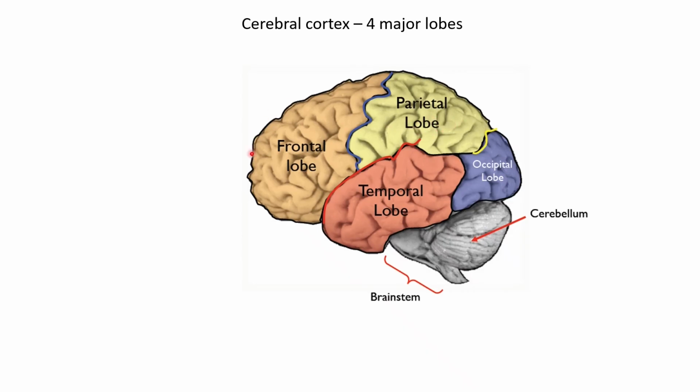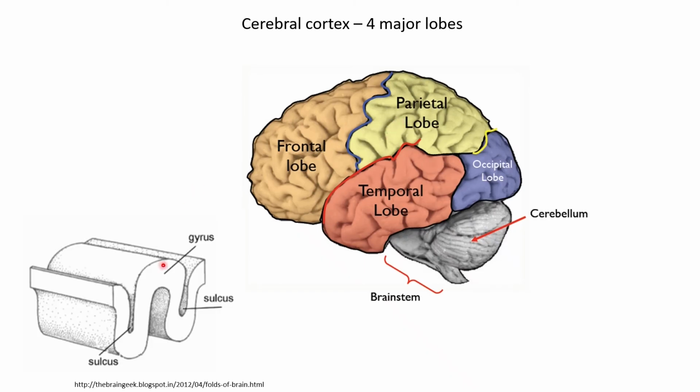These four lobes are separated by these valleys, and if you look carefully, even within a lobe, you can see lots of hills and valleys. So the brain seems to be tightly folded, forming these folds or kinks. The parts where the brain is folding out, all these hills that we see, are called gyrus.